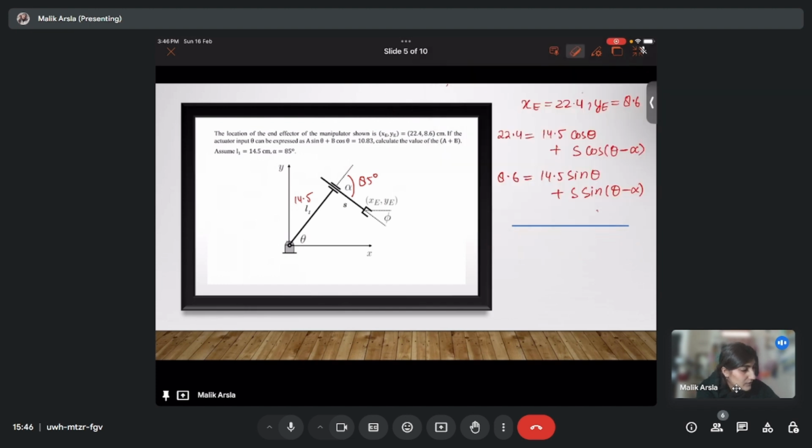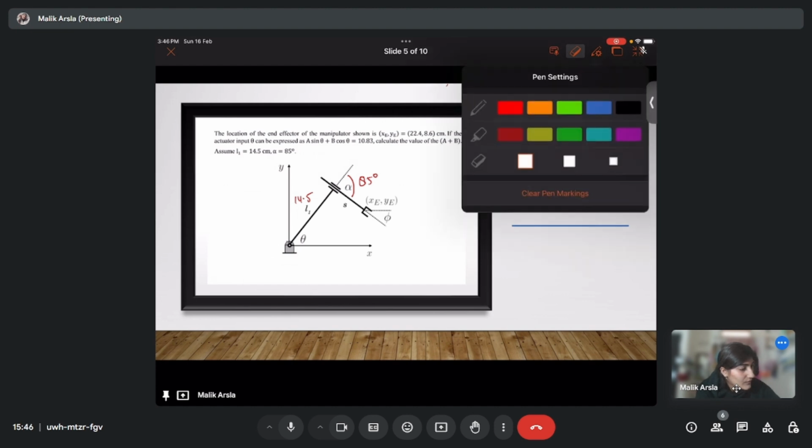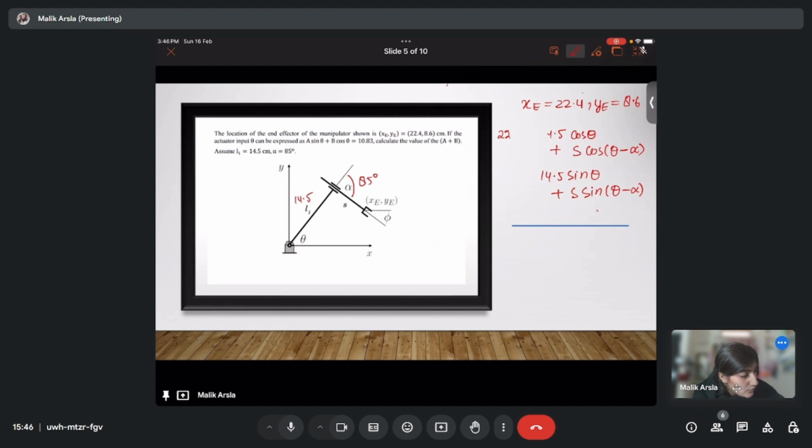Let me do it here only. So what you can write is 22.4 minus 14.5 cos theta is equal to s cos theta minus alpha, and here you can write it as 8.6 minus 14.5 sine theta is equal to s sine theta minus alpha.